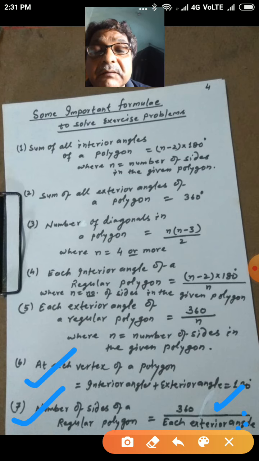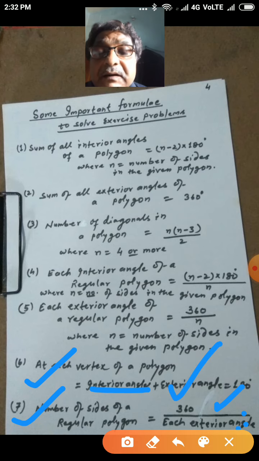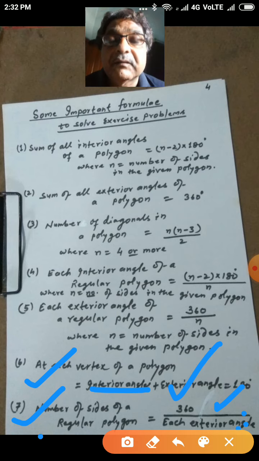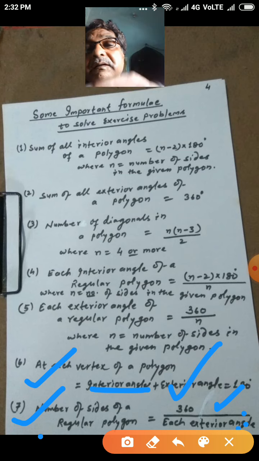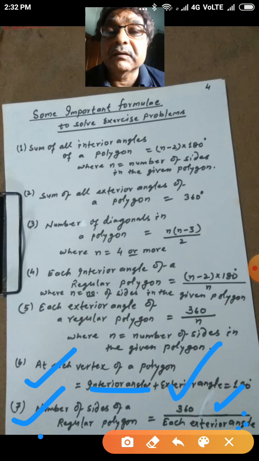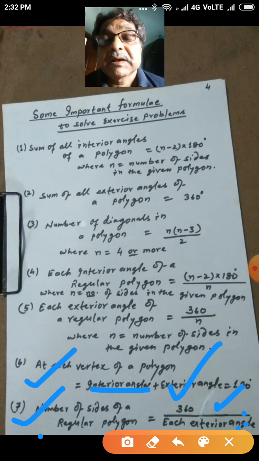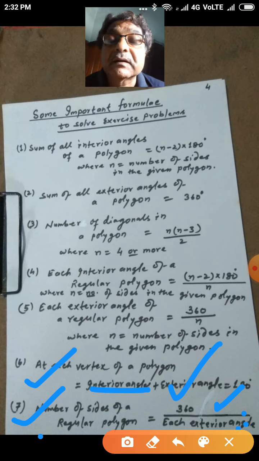With its help, putting in the interior angle, we get each exterior angle, and now using the last formula we can find n. So these are the important formulae which will help you a lot in solving 100% of the exercise problems of understanding quadrilaterals.